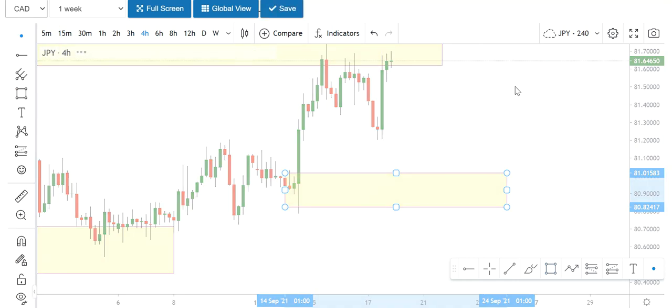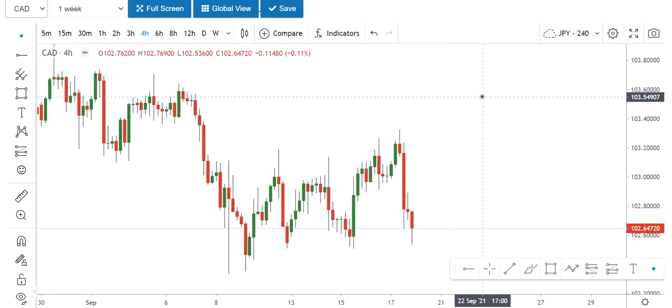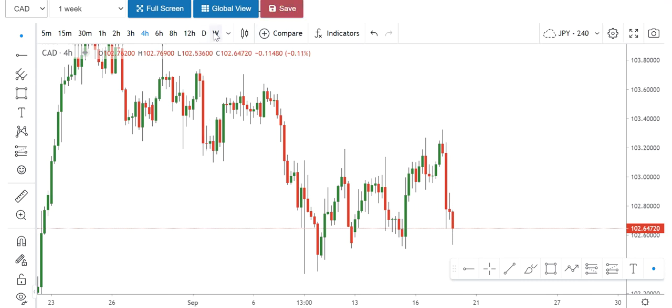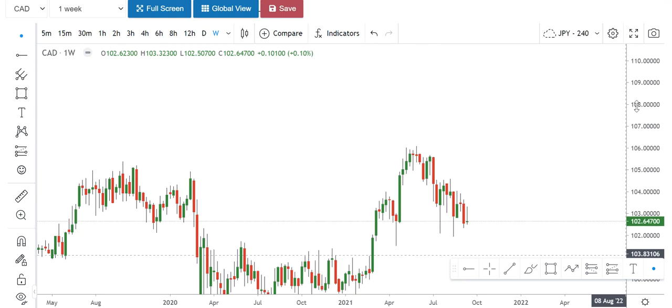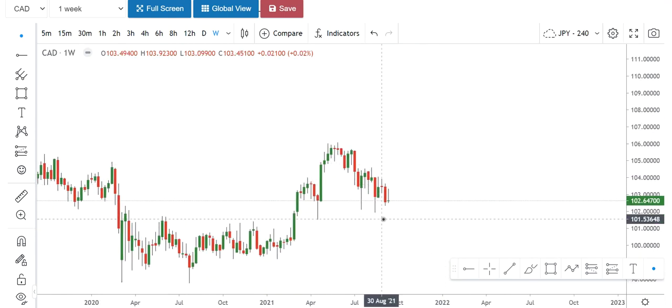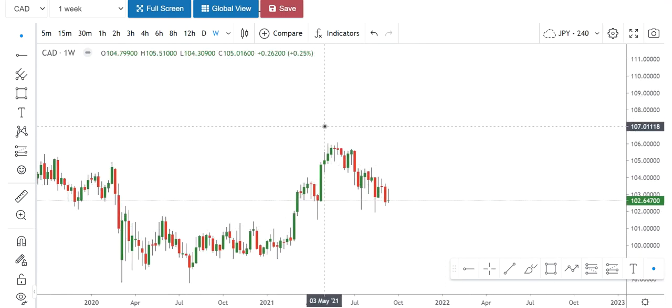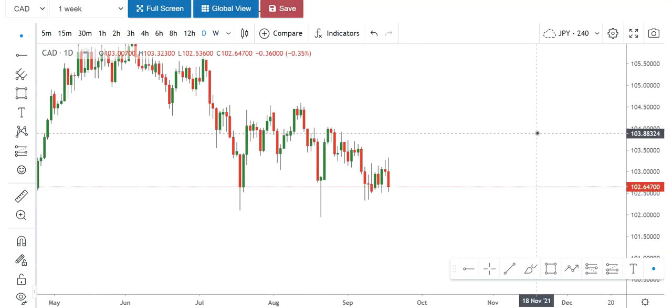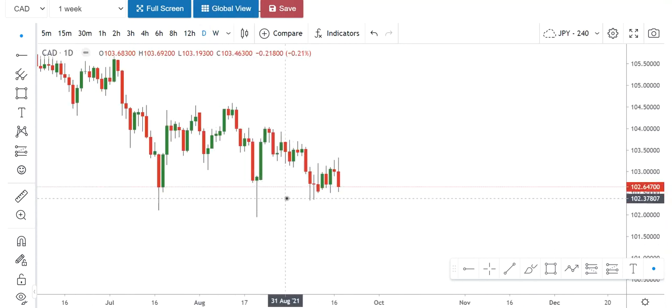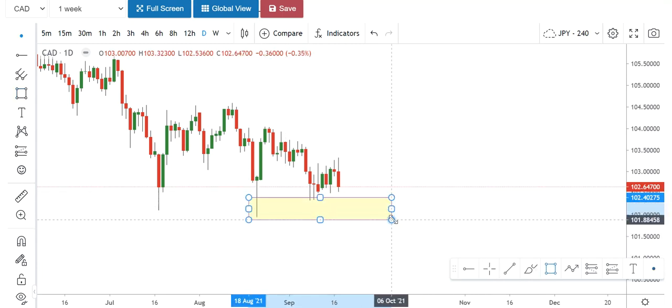Now if we look at the Canadian dollar, what can we see so far on the weekly time frame? Now if you look at the Canadian dollar on the weekly time frame, we'll notice that we've just been sitting on this retracement of this impulsive move, and on the daily we'll notice that we've been trending to the downside, and we just got to this crucial point which happens to be a demand zone.